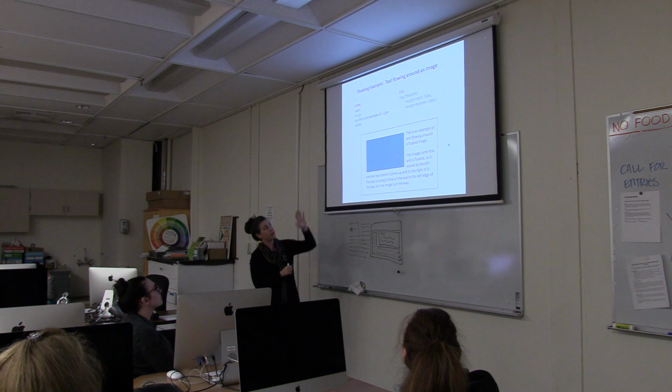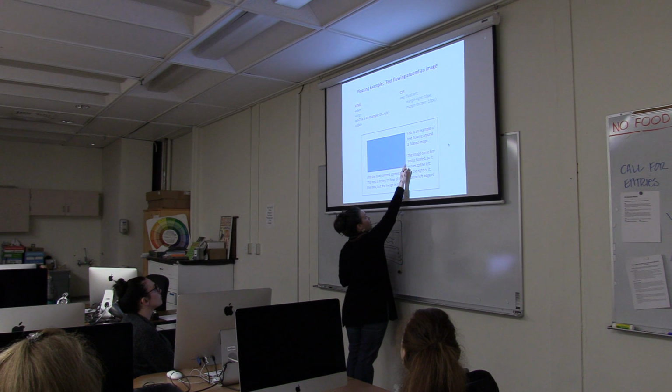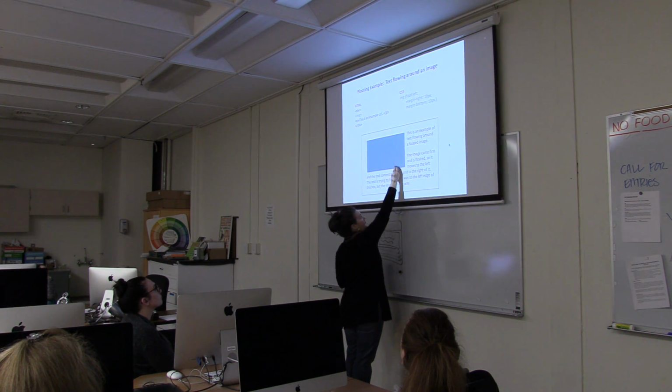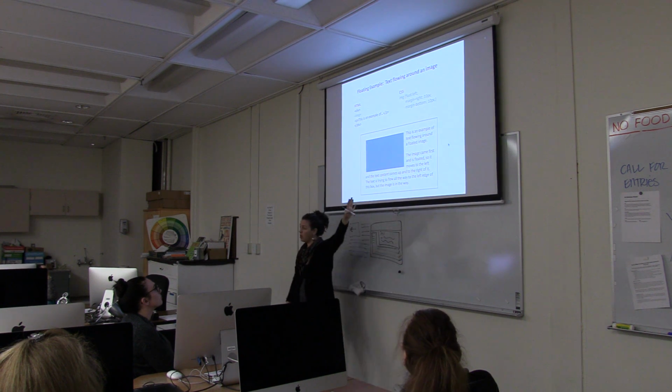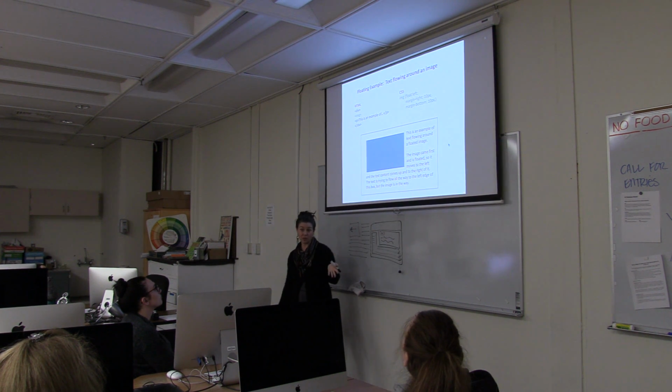Okay, so in this one, the image was just floating to the left. And the image has been given a margin here, outside of its border, and down here, outside of its border, to push the text away. If it didn't do that, the text could be touching the edge of the image, and that would be unattractive, right? It's just too crowded. So we're making sure we put in a little bit of margin space outside of the image.